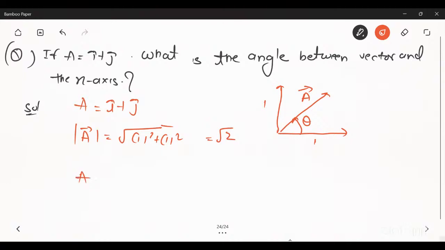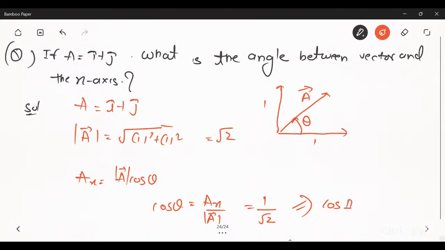We know that AX equals A cos theta, so cos theta equals AX upon mod A. AX is 1 and mod A is under root 2. So cos theta is equal to 1 upon root 2, which is cos 45, cos pi by 4. So theta equals pi by 4, as cos theta equals cos pi by 4.